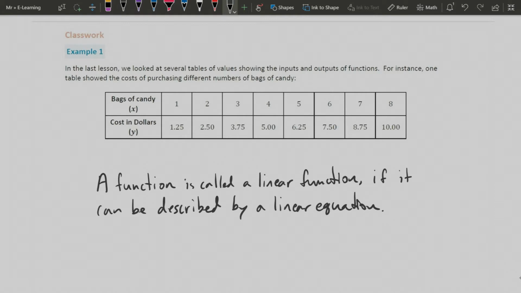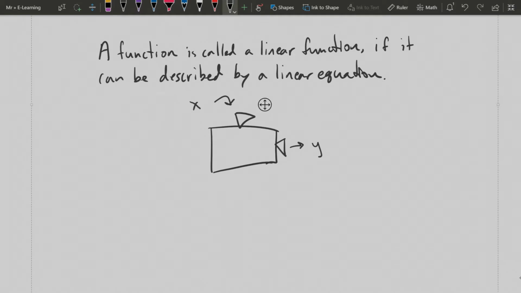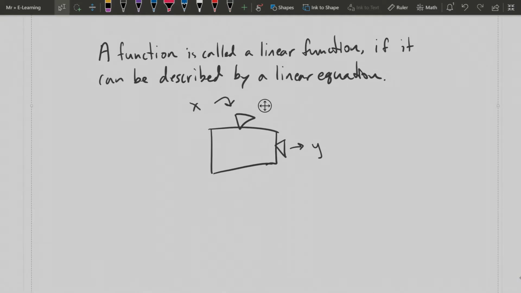A function is called a linear function if it can be described by a linear equation. What does that mean, described by? Let's look at our little machine picture of a function. We take in inputs, which we usually call x values, and it spits out outputs, which we usually call our y values.